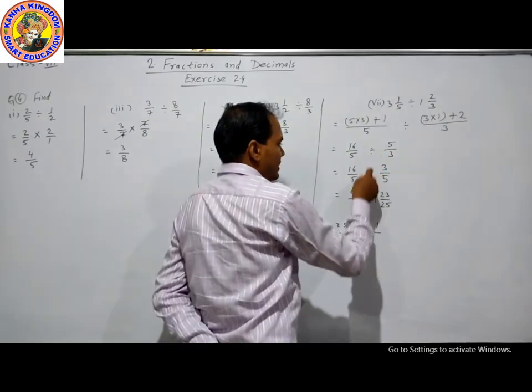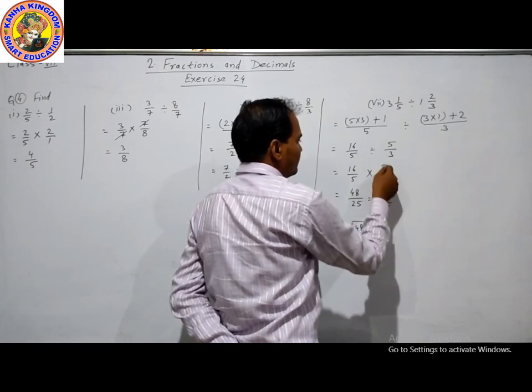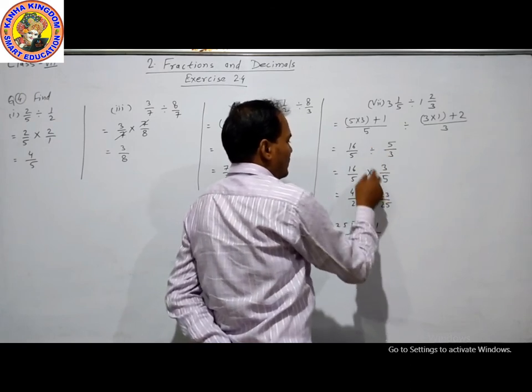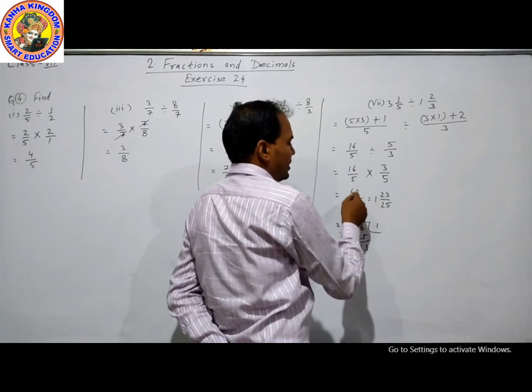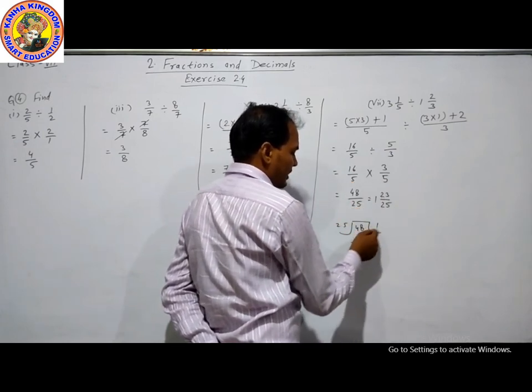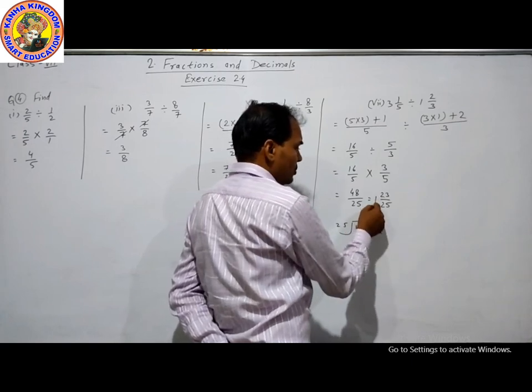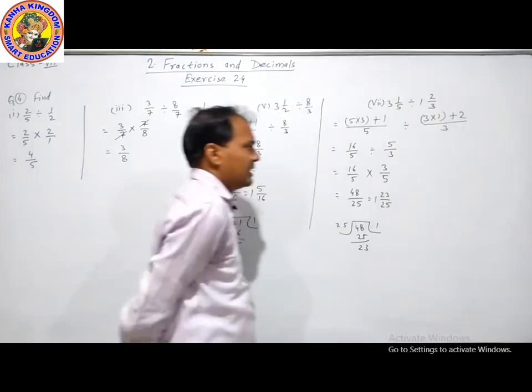Now divide will be changed into multiply and the digits are interchanged. 3 upon 5, 16 into 3, 48, 5 into 5, 25. 48, one time 25, remainder 23, so 1 and 23 upon 25.